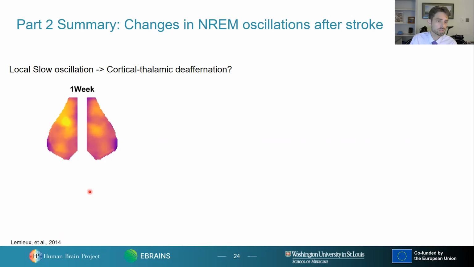Since this is a cortical stroke, we think that this is a secondary degeneration of the descending cortical thalamic neurons, and then the emergence of the intrinsic slow oscillation property of the cortex. And this fits with that.